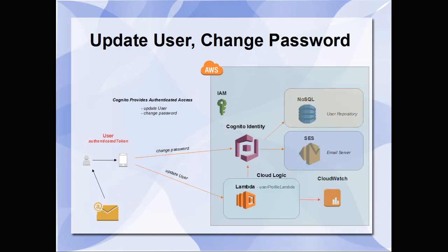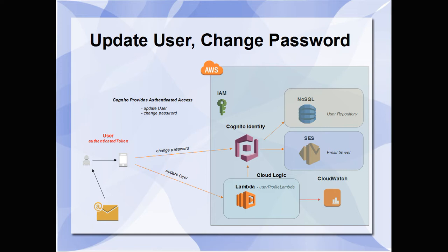Okay, so very quickly, updating user and change password. These are things you have to do as an authenticated user. The user that's logged in, Cognito Identity has bumped up their privileges to an authenticated token type user, and now that user wants to change password, and Cognito Identity says, sure, I'll change the password.